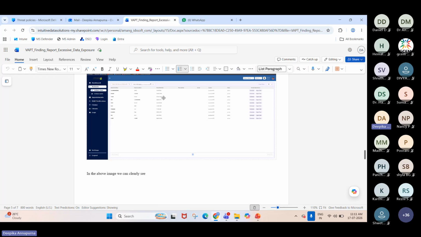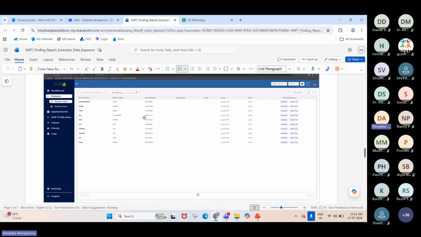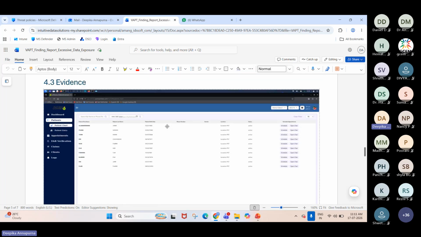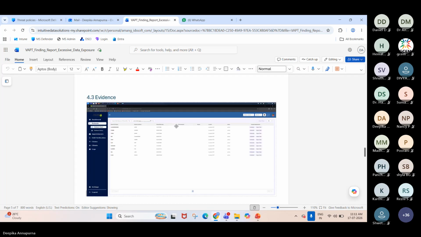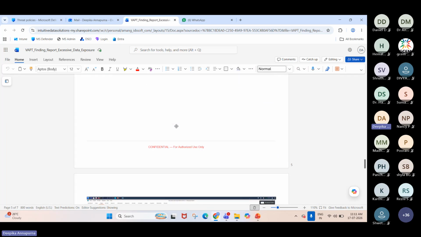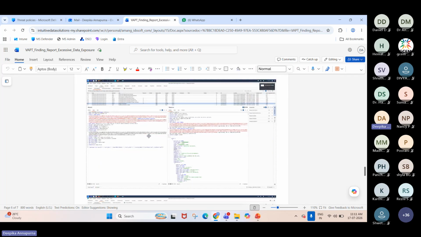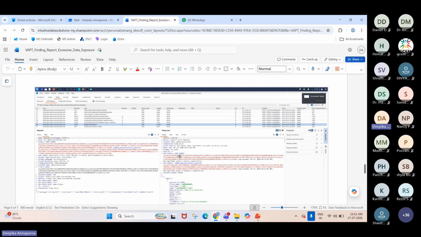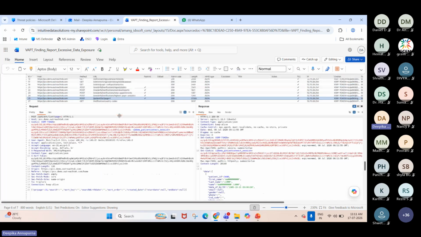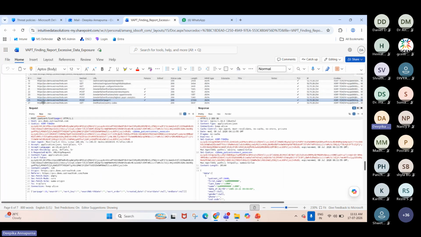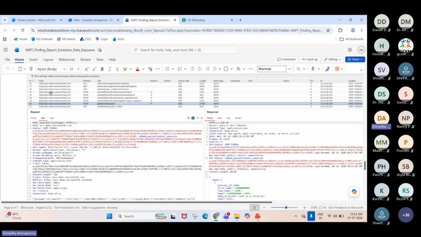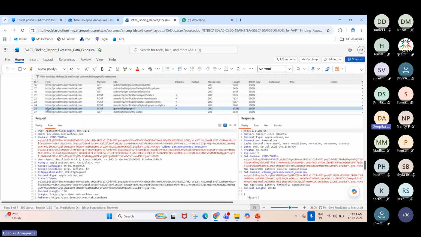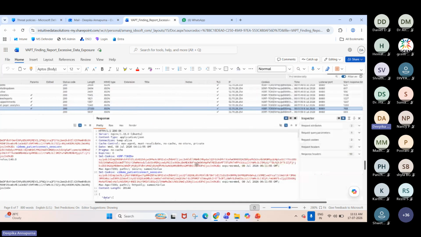So here is the evidence. This is the target application screen which they are trying to take. Okay. And after using the tool, here you can see they are using a POST request on this URL. I think you can see the screen. This is the URL they're trying, and the method is a POST request, and they're getting the patient list.